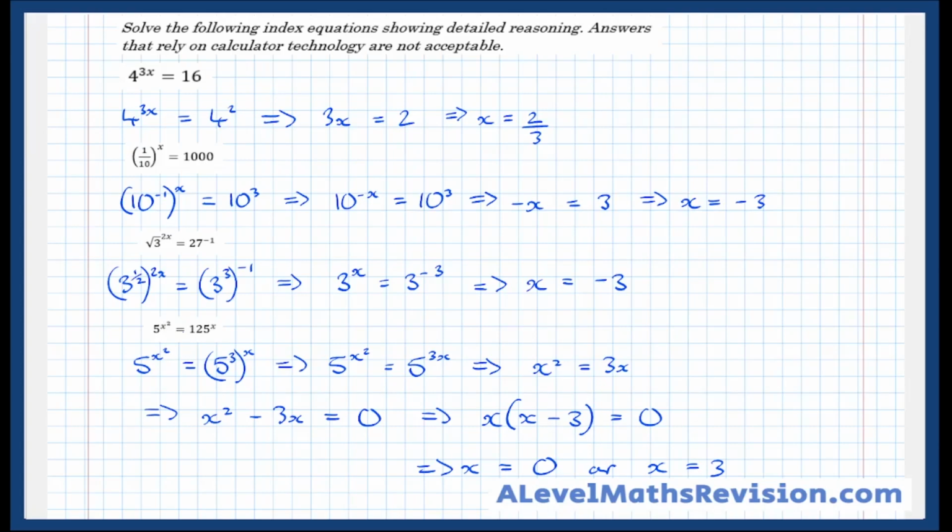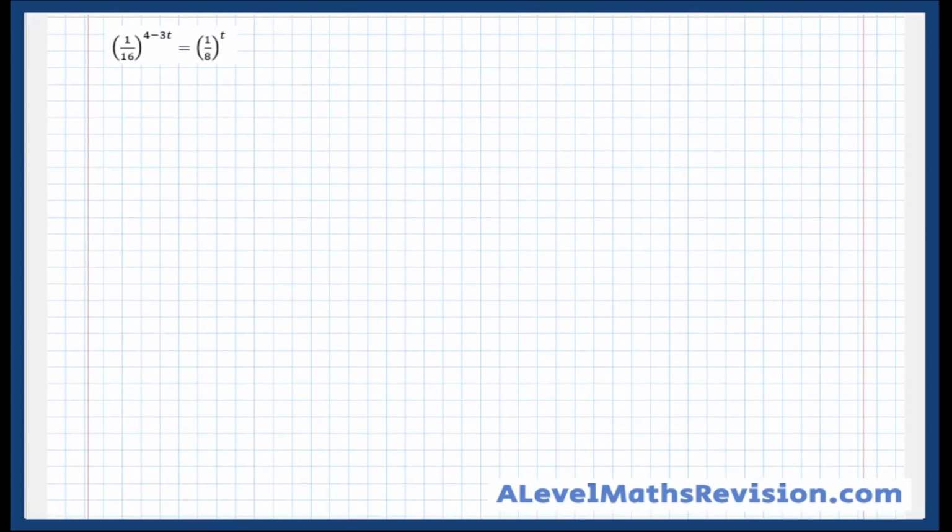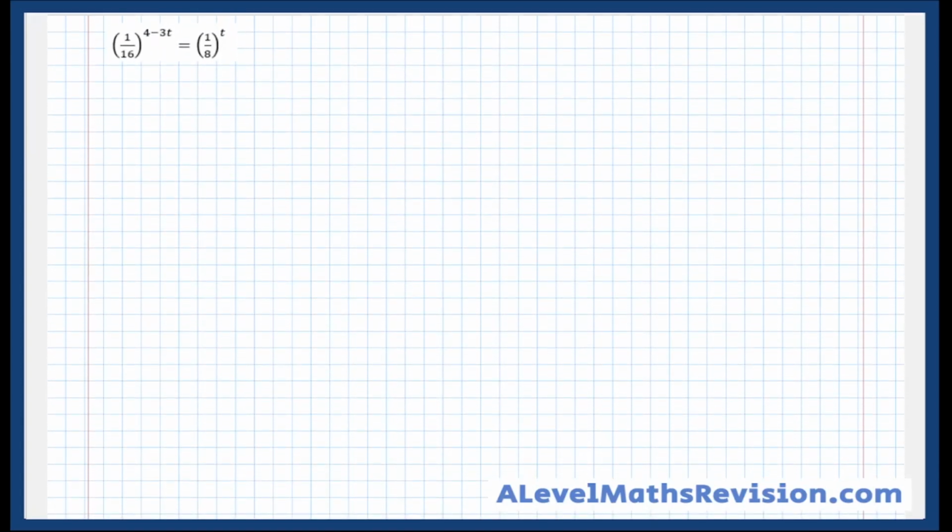Try another. So let's finish off with this one here. Again, if you want to pause and have a go at it yourself, feel free. But I'm going to go for it now. So 1/16 to the power of 4 minus 3t equals 1/8 to the power of t. There's a number that will relate 16 and 8 when we're talking about powers of that number.